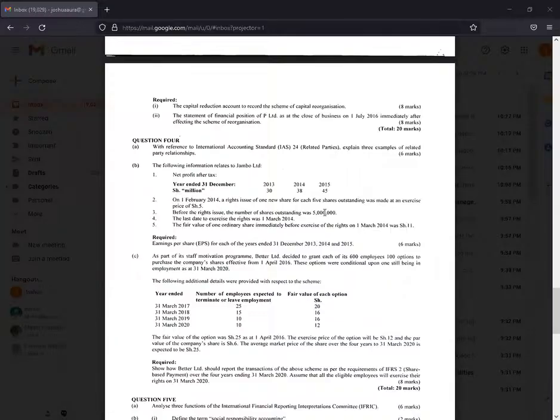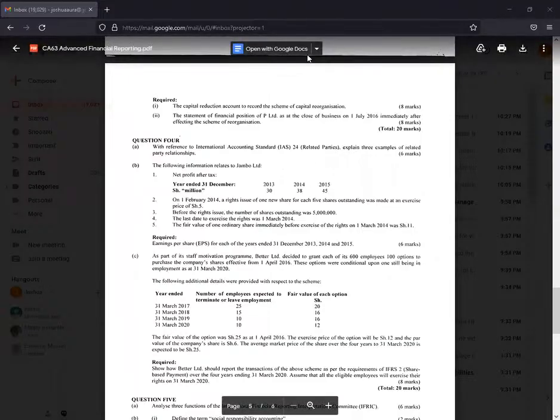And then note number 4, the last date to exercise the rights issue was 1st March 24. I told you to delete that statement. Note number 5, the fair value of 1 ordinary share immediately before. Ladies and gentlemen, before the rights issue, which took place in 2014, we've been having 5 million shares. So 2013 is closed.